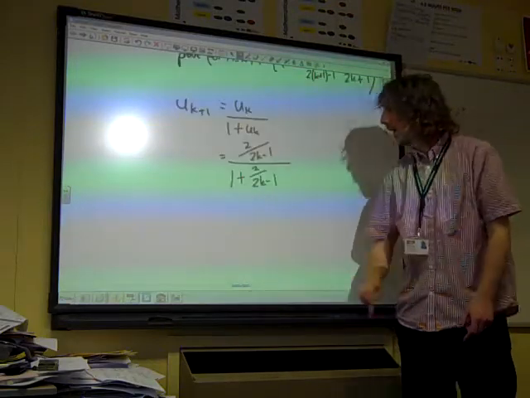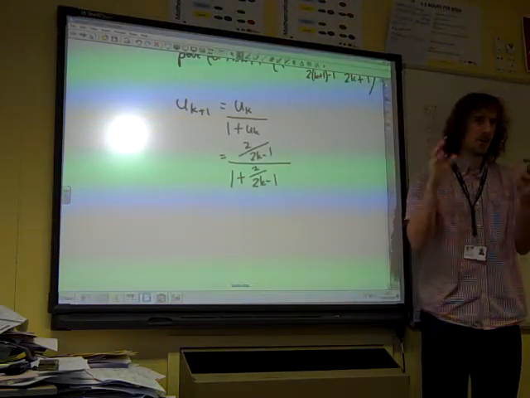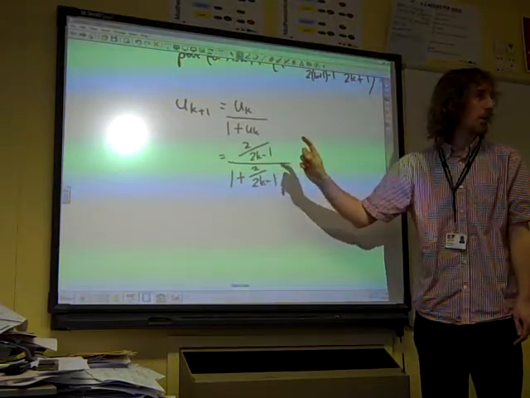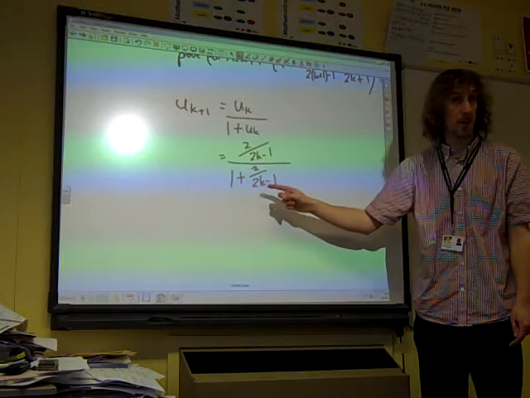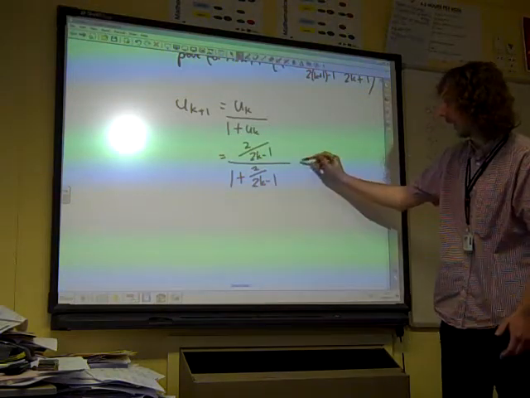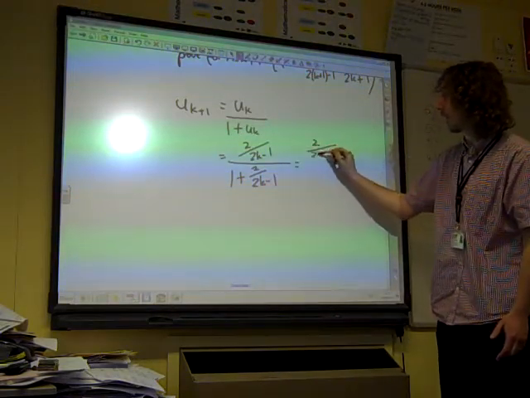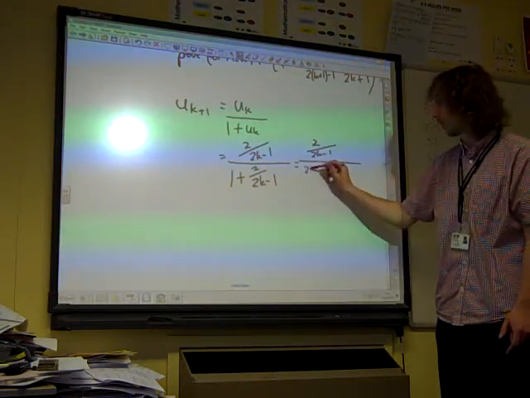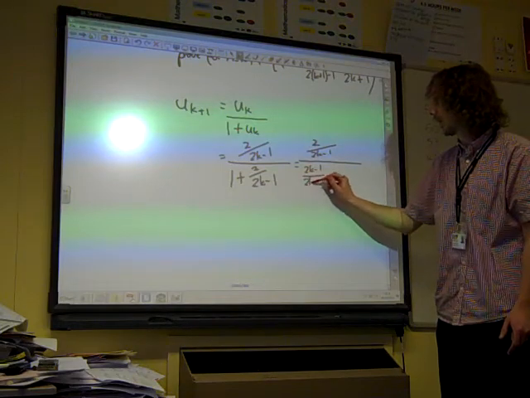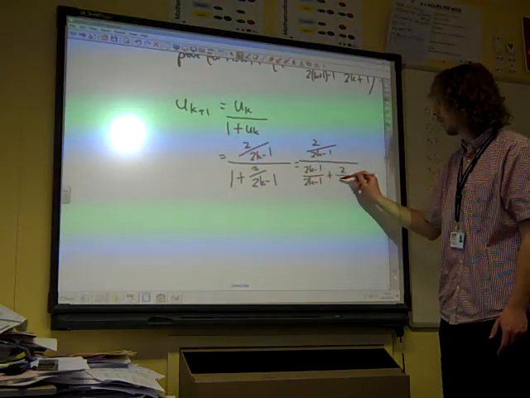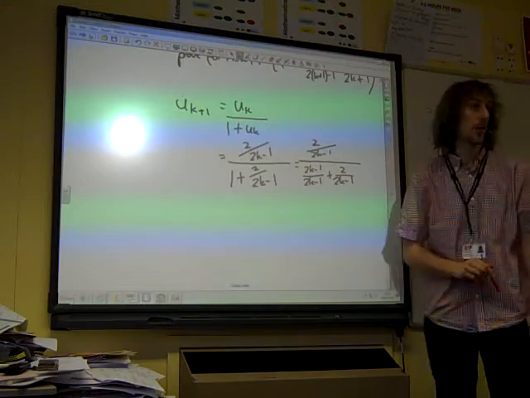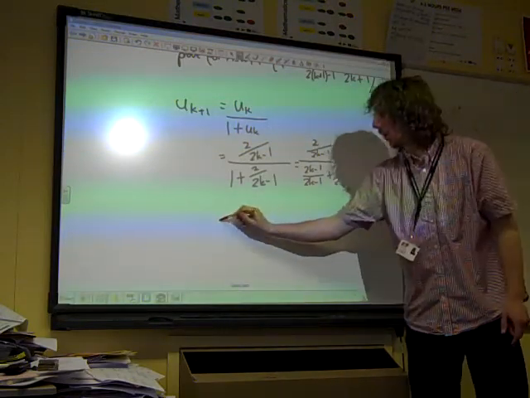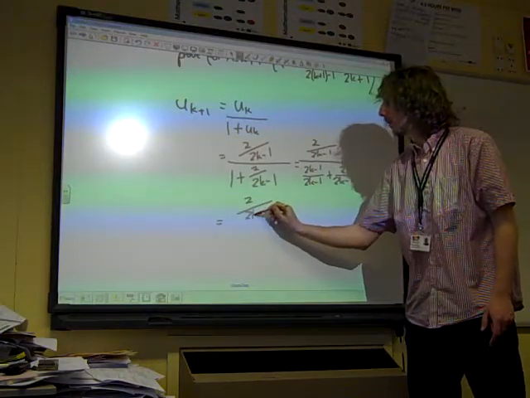Now this is all getting a bit messy with fractions within fractions, but we need to try and simplify this. We're going to put the bottom line over a common denominator, leaving the top as it is. We're going to write the bottom line as 2k minus 1 over 2k minus 1, plus 2 over 2k minus 1. So tidying up that bottom line, we've still got that on the top.